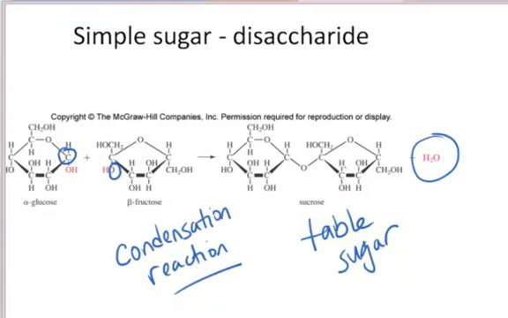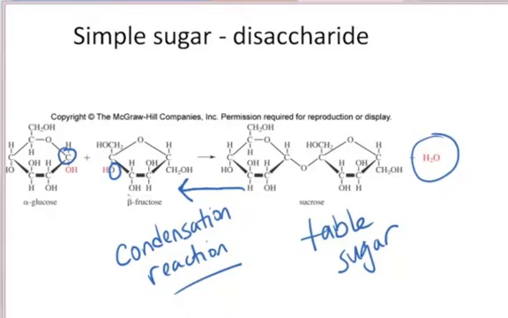And you can imagine this reaction in reverse is part of metabolism, where sugars are broken down, and when a sugar is broken down, water is added to the disaccharide to break it into the individual sugar units. So that's an example of a disaccharide, which is also a simple sugar.